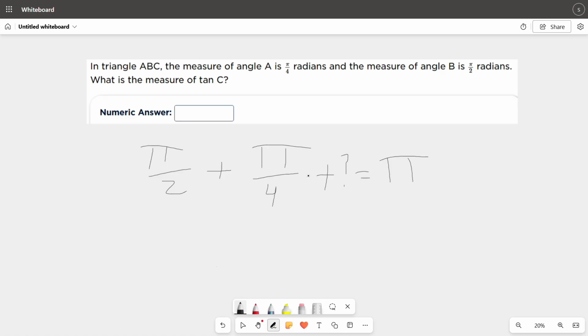So what we could do is make this into 2 pi/4, and that plus pi/4 would equal 3 pi/4. So 3 pi/4 plus angle C is equal to pi.